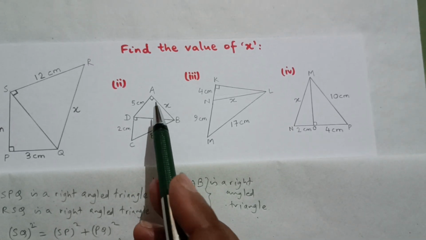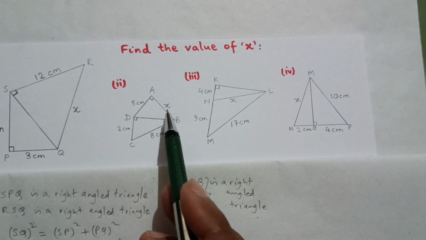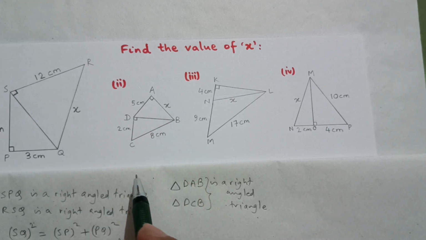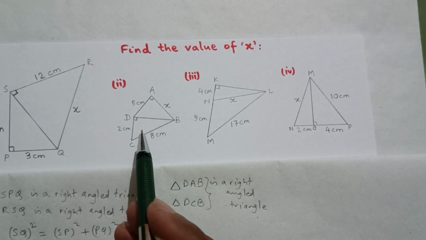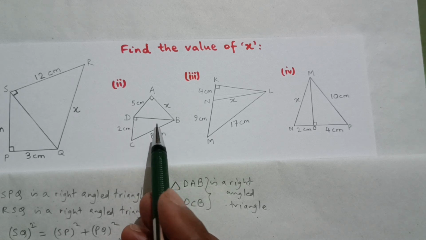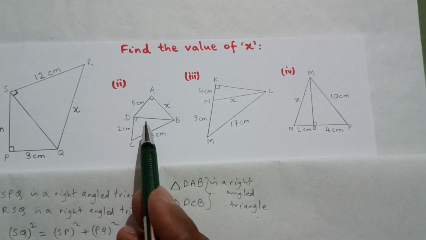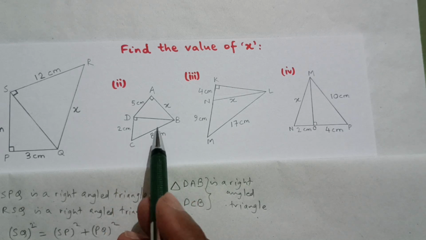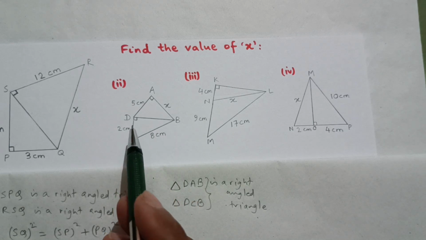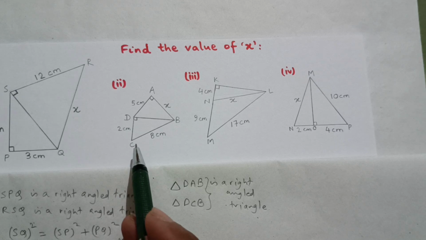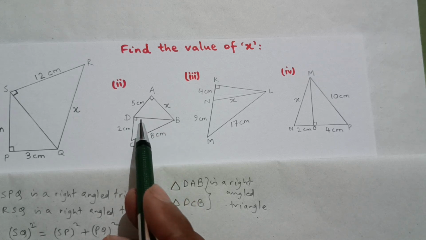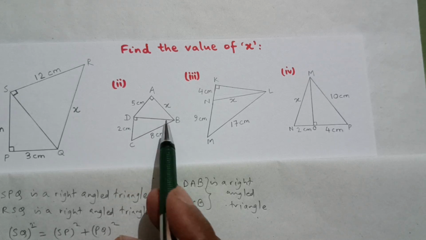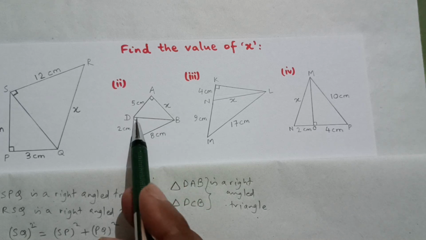Now we have to find the measure of side AB, the value of x. So first I will go to triangle DCB. In this triangle I know DC and CB, so I will apply Pythagoras theorem and find the value of side DB.